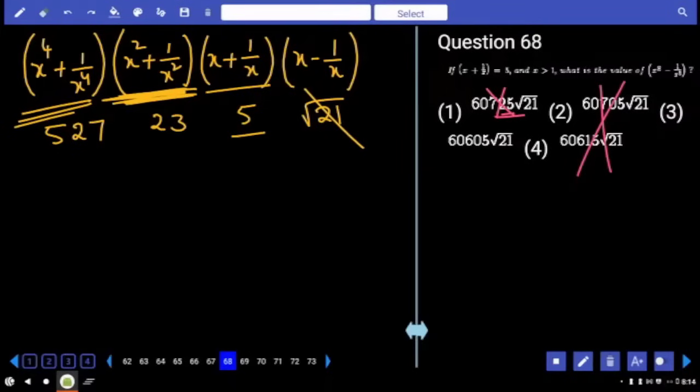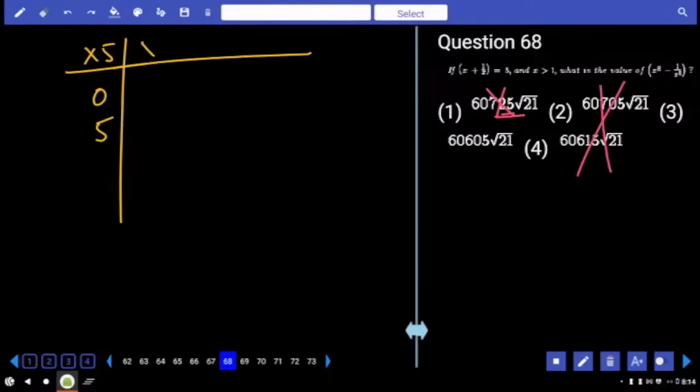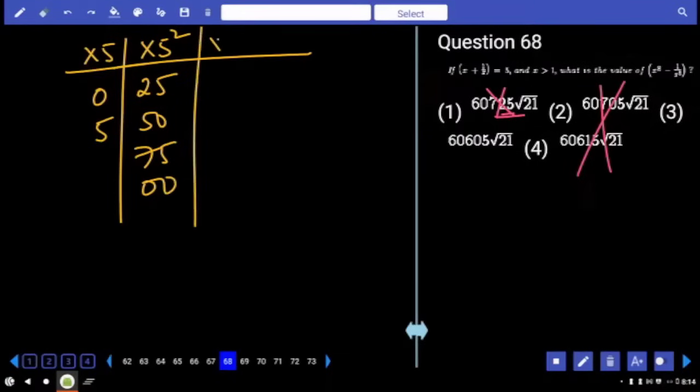5 square multiple ends with 25. 5 multiple ends with 0. 5 square multiple ends with 25, 50, 75, 2 zeros. 5 cube multiple.